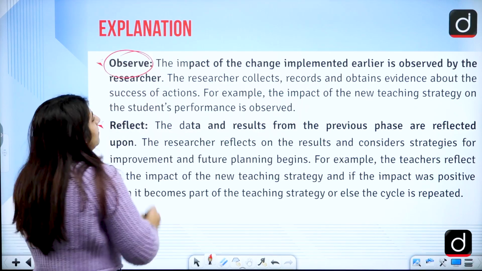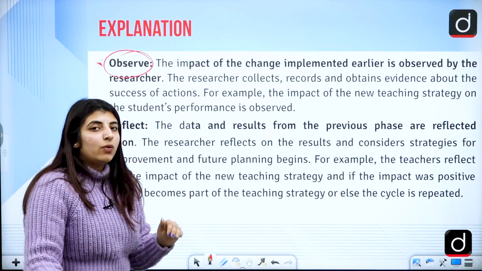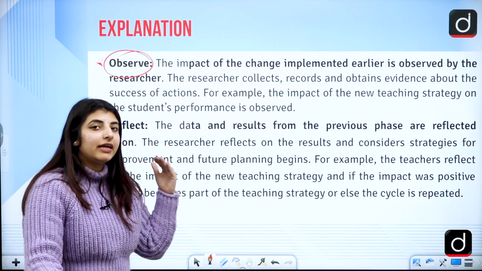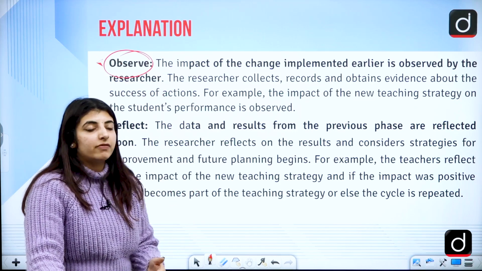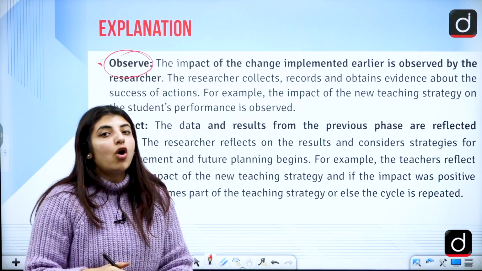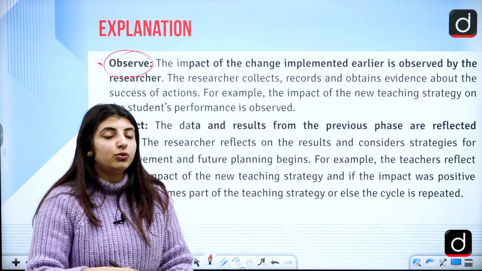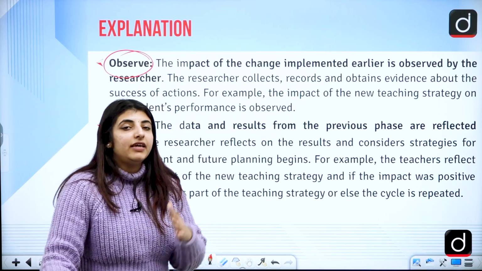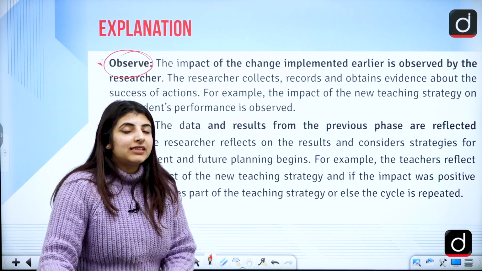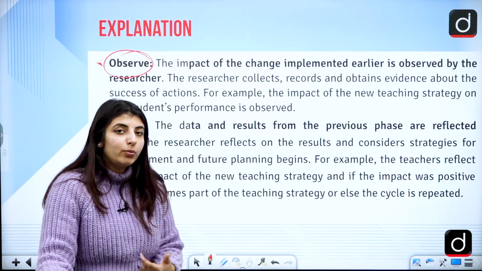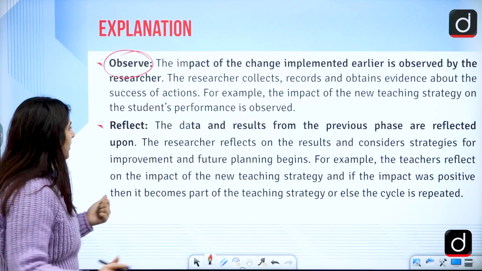Observe the impact of the change. You will see with the new teaching method whether there was a change: if there was deterioration, or if the students' understanding of the concept has increased. You will see that through the observation.